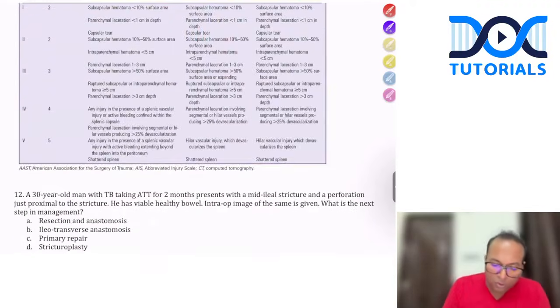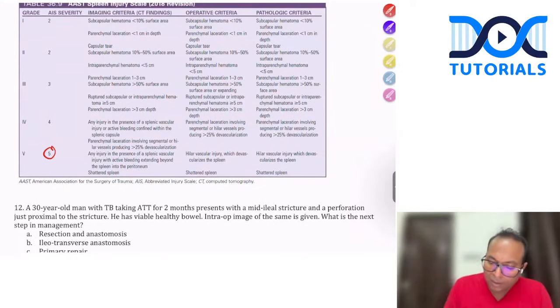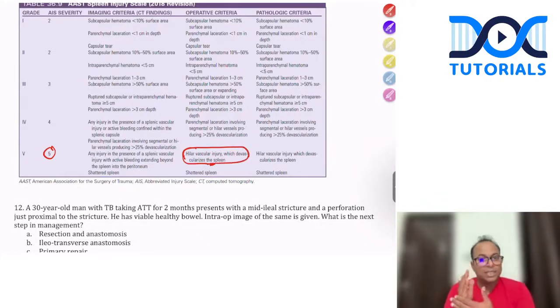So read the line. Grade 5 is any injury with splenic vascular injury with active bleeding extending beyond the spleen into the peritoneum, and a hilar vascular injury which devascularizes the spleen. So if the hilar vessels get injured, it is grade 5. Don't forget this question for a lifetime. Hilar vessel injury which leads to devascularization of the spleen.